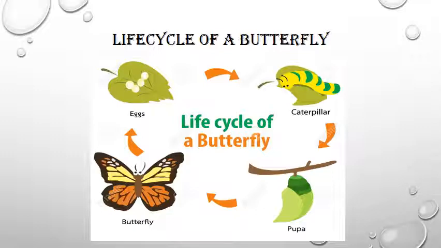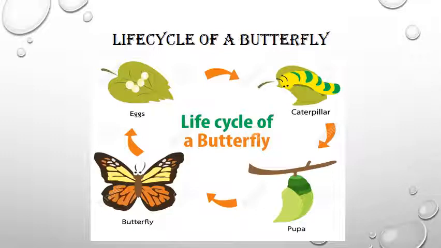This process of distinct changes is known as metamorphosis. The process by which an insect or animal shows distinct changes at every stage of its life cycle is known as metamorphosis.